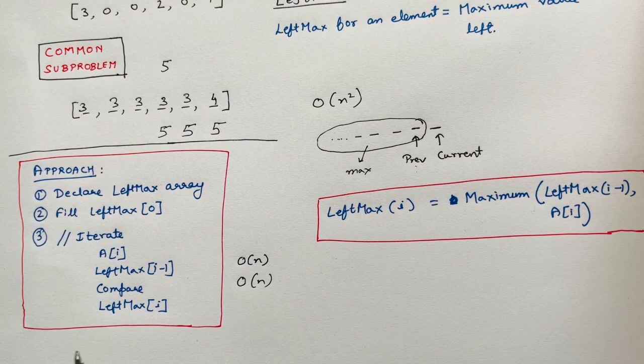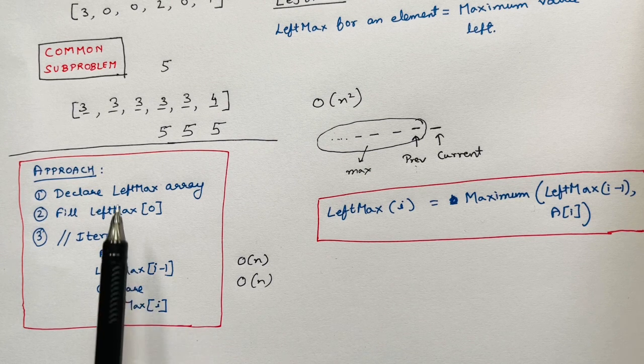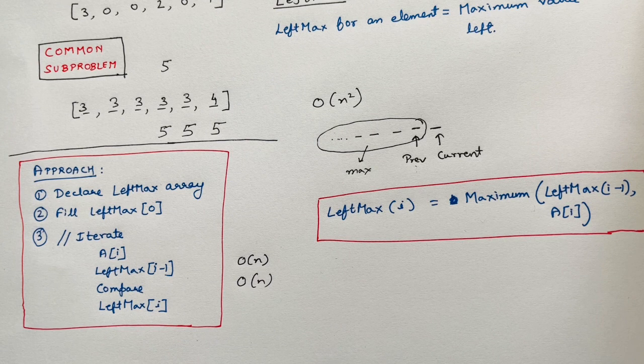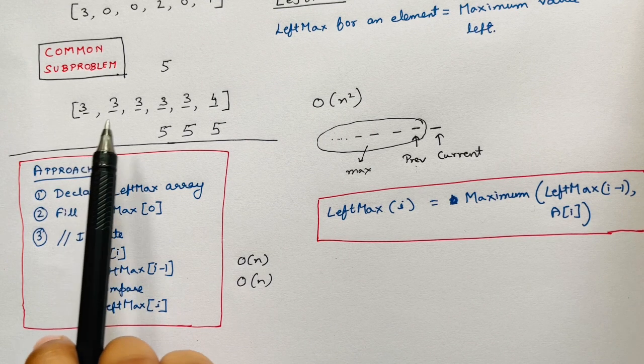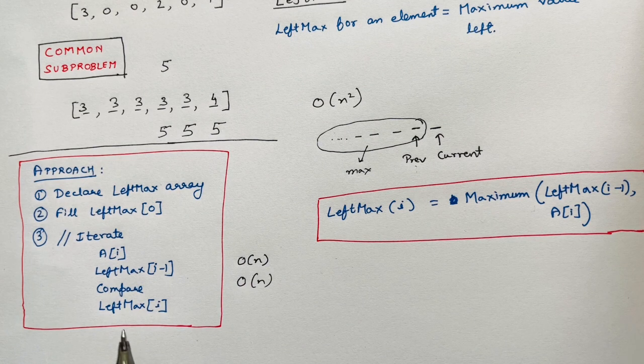One thing to note here is that in our original problem, trapping rainwater, we don't actually have to return a left max array. What we have to do is use the left max for every element. Now, if we see here in the algorithm, to calculate left max for any element, all we need is left max of the previous element. We don't need the whole array.